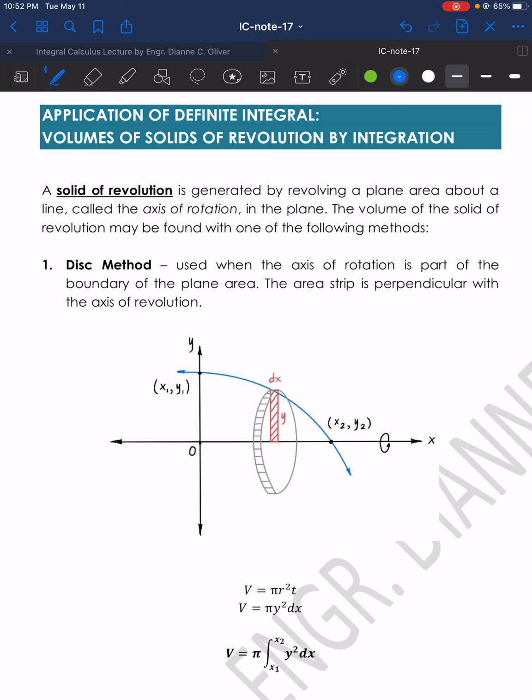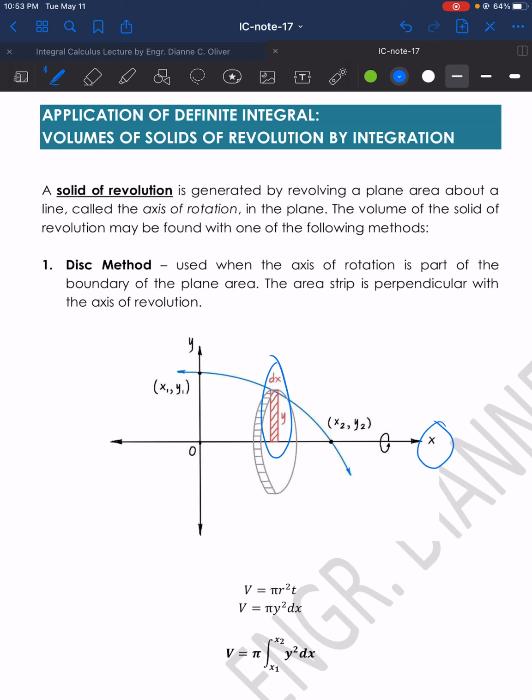Now one method is the disk method, because the area strip that we are going to use is perpendicular with the axis of revolution. So our axis of revolution is the x-axis, and the area strip that we will use is this one here, the small width dx and the length y.